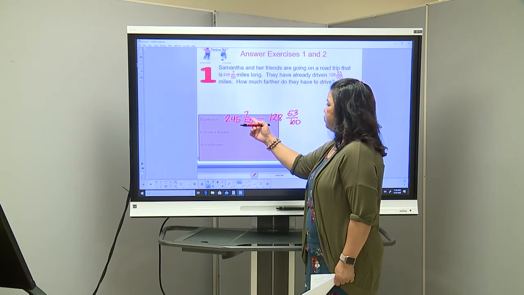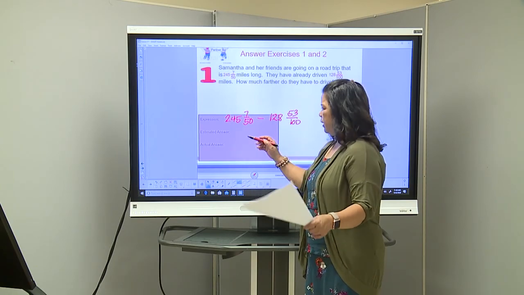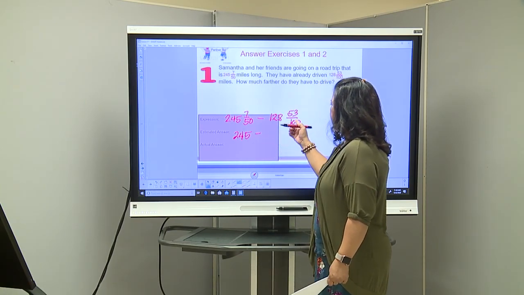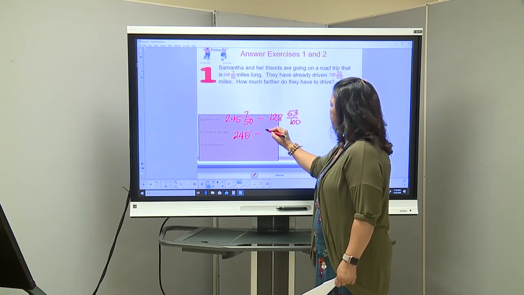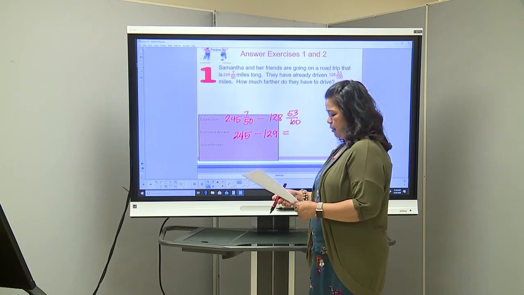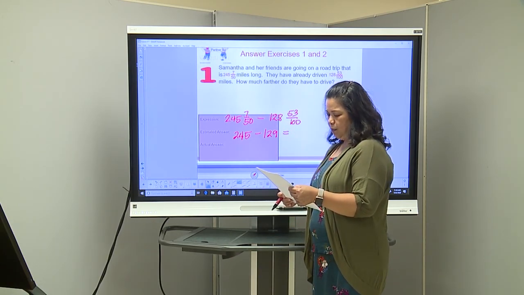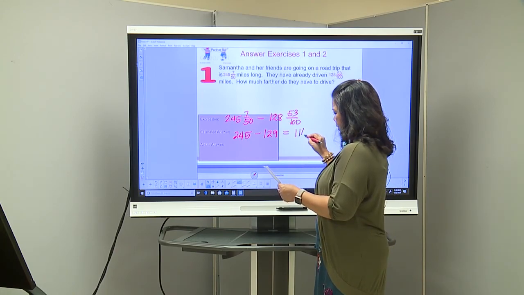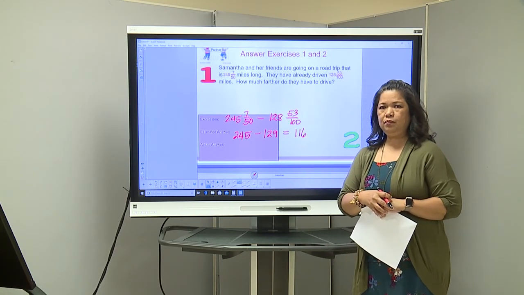If I have 245 and 7/50ths, that is, yes, 245. And this one is more than half, so that is 129. So our estimated difference would be 116. There you go. Okay.